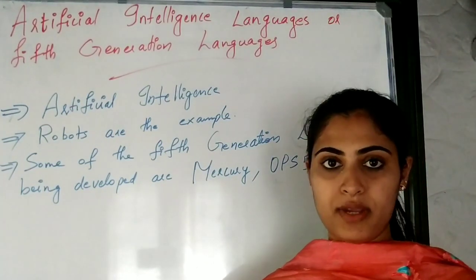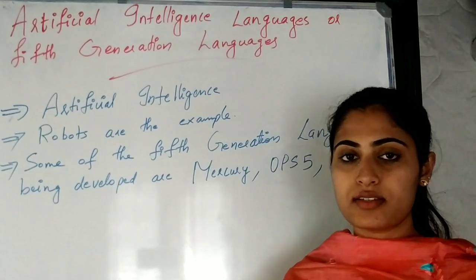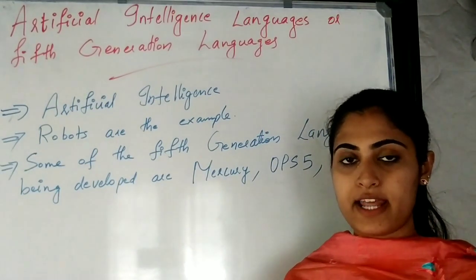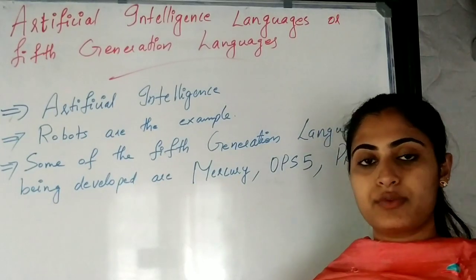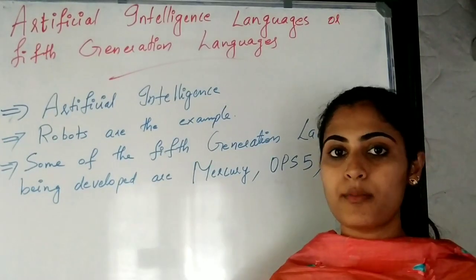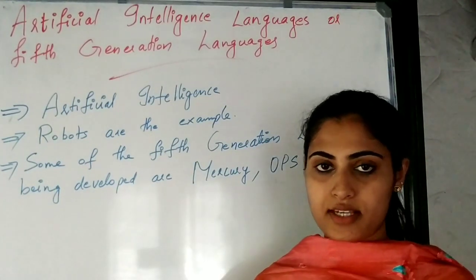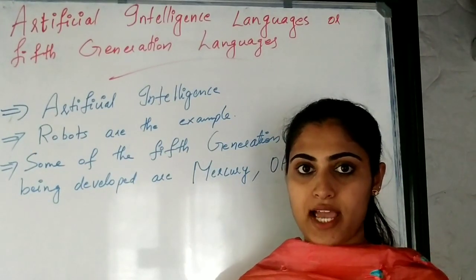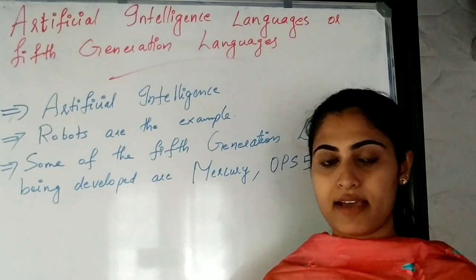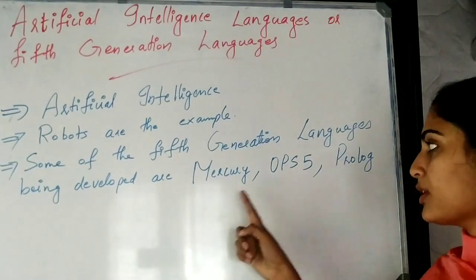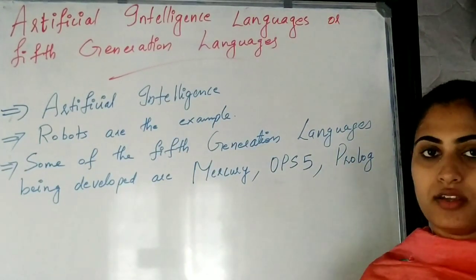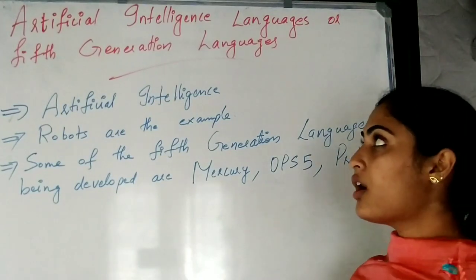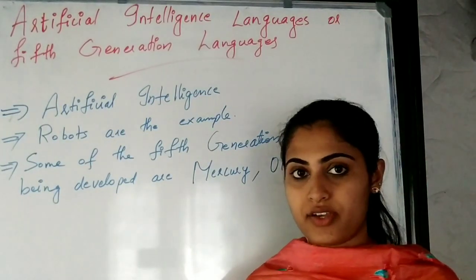They are not fully developed. Once these languages get fully developed, the computer will be able to do activities without the help of a programmer. Okay, and some of the fifth generation languages that are currently being developed are Mercury, OPS5 and Prolog. Okay, so this is about the fifth generation languages.